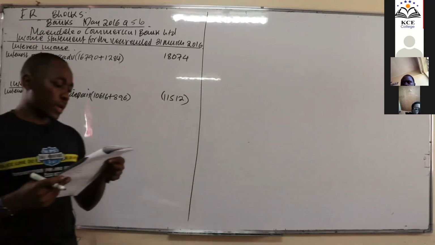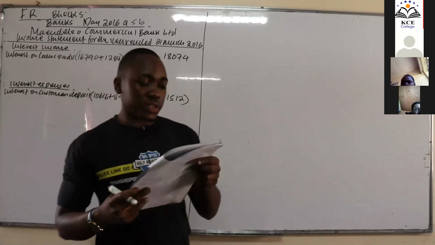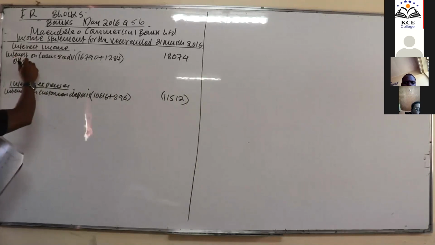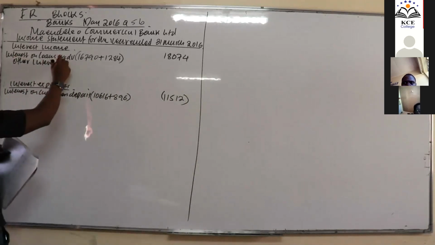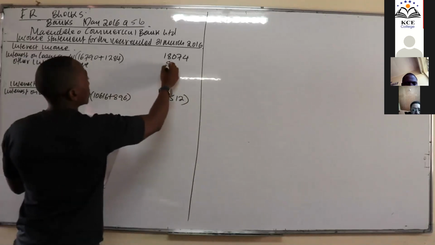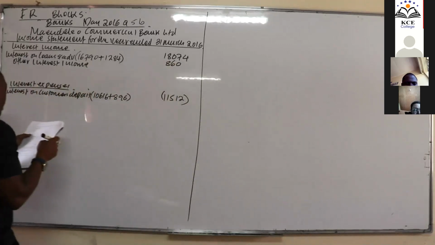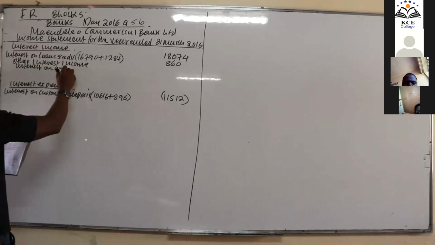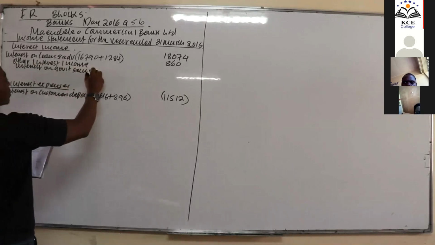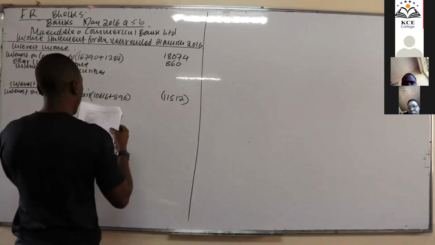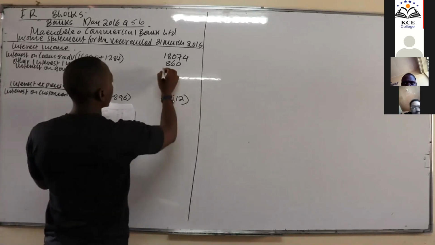Then any other interest income? We have other interest income. That's part of incomes. Other interest income, amount of 860. Then we have interest on government securities. That's an income. Interest on government securities, an amount of 9536.